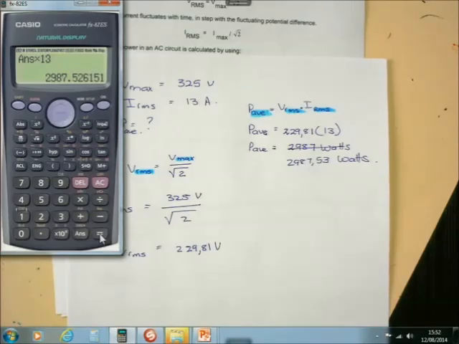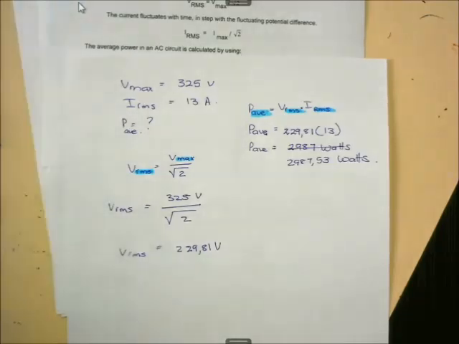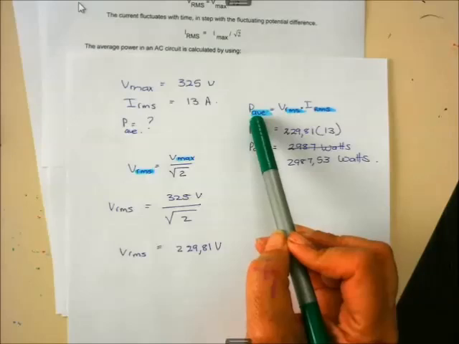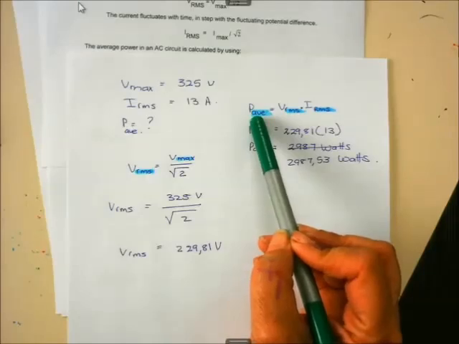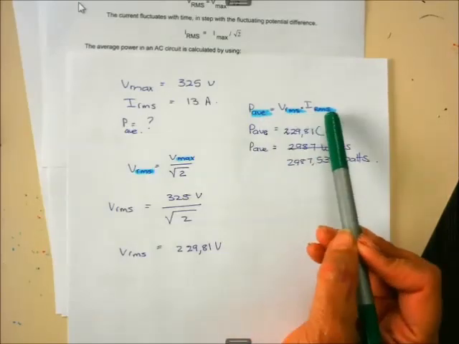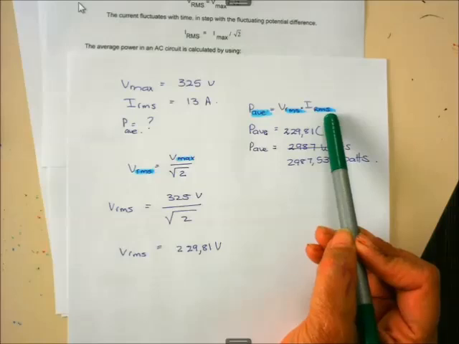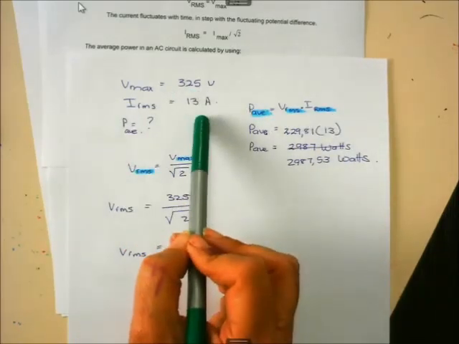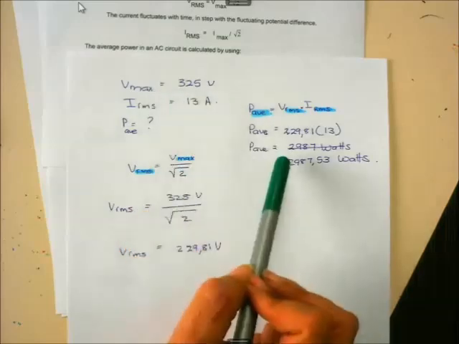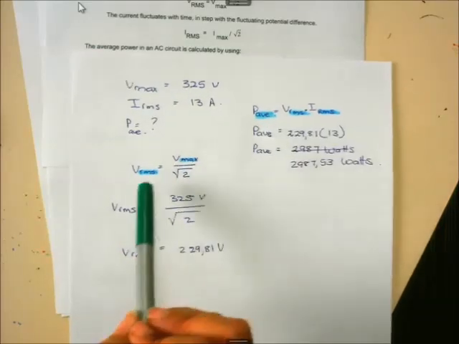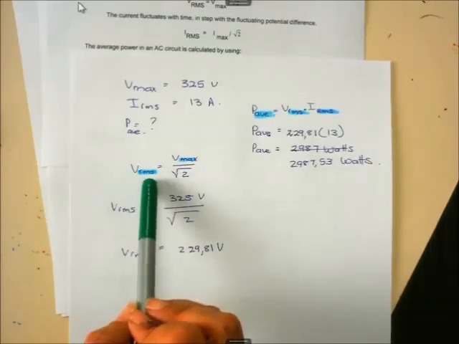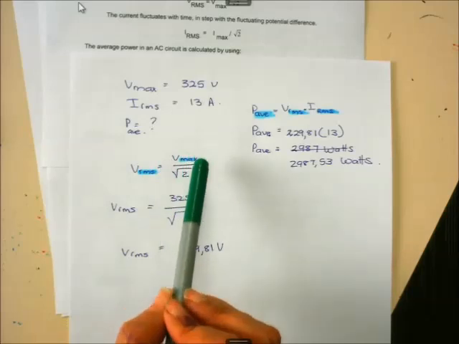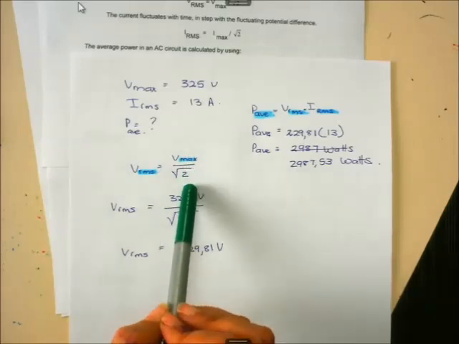Okay, do I need to go over that again? Let me just quickly go over it for you. What happened was I was asked for P average. I have a formula which says P average is equal to VRMS times IRMS. I've been given IRMS. I have not been given VRMS, but I have a formula which says VRMS is equal to Vmax divided by the square root of 2.